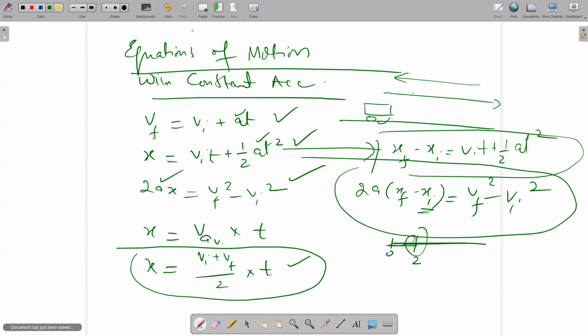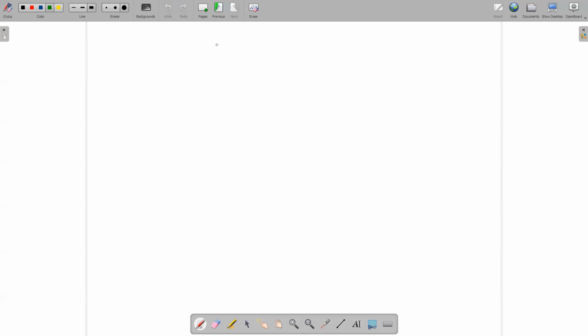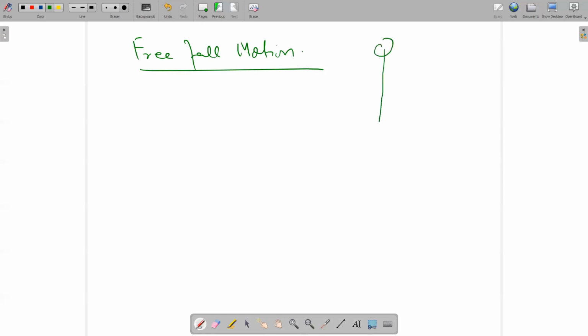Okay, after this, we are moving towards the free fall motion. In free fall motion, you have also studied this at high school physics. The body is falling freely under gravity, or the body is thrown upward vertically.